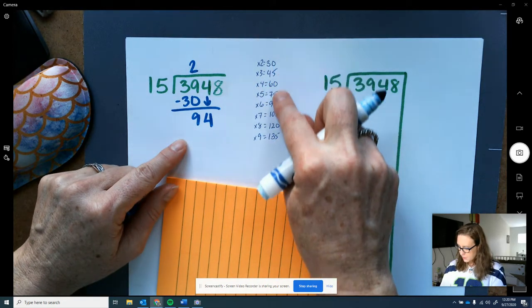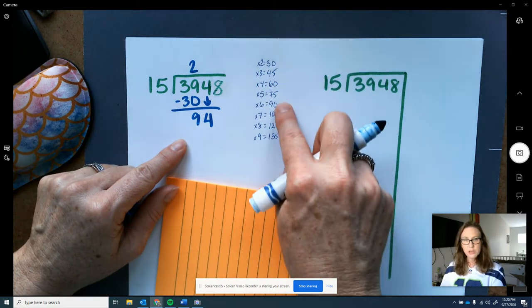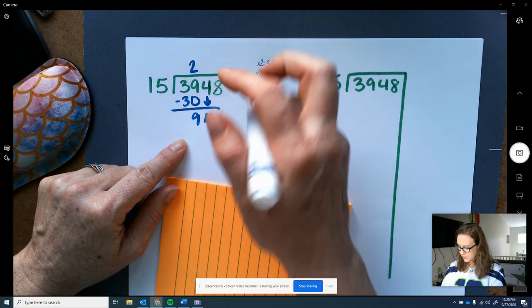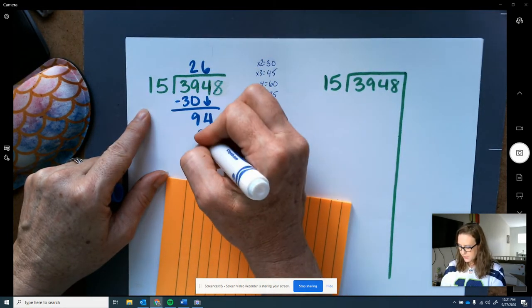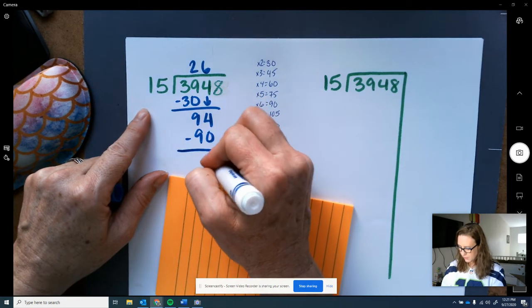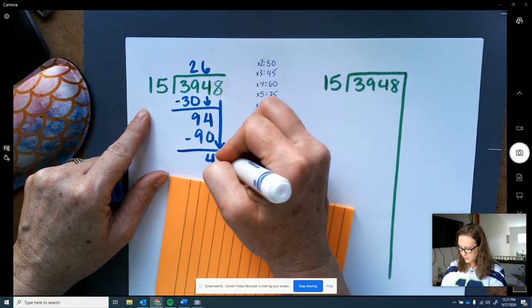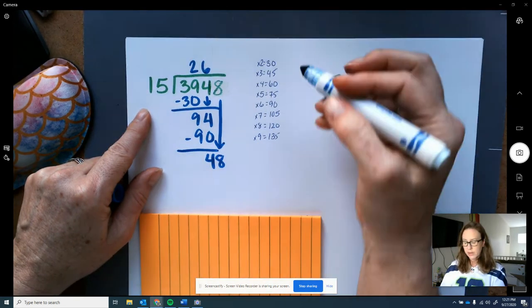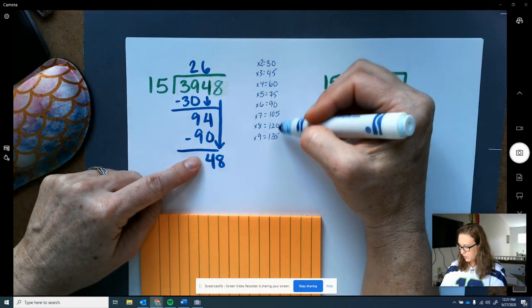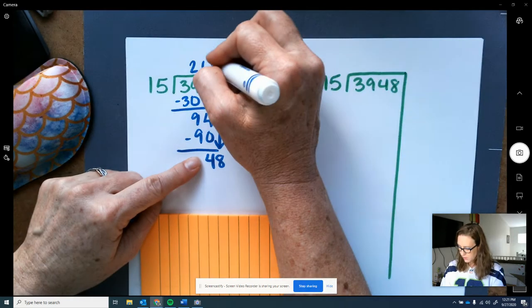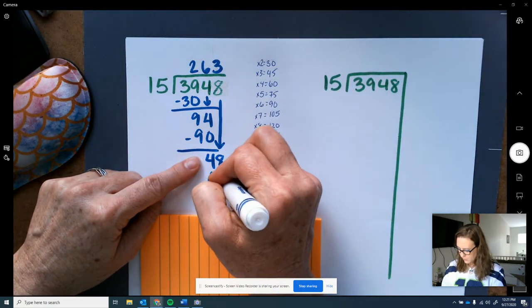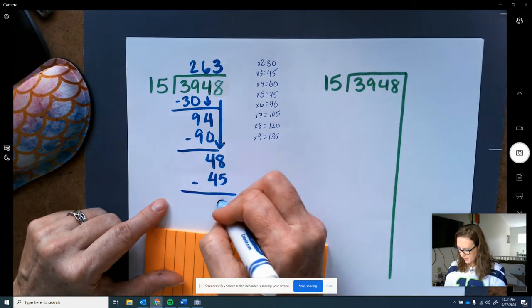Okay, which one of these comes closest to 94 without going over? Well, 90 does, and that's times 6. So I'm going to put the 6 up here, and that was 6 times 15 is 90. I've got 4 left over, and I'm going to bring down my 8. All right, which one of these comes closest to 48 without going over? Well, 15 times 3, which is 45. I'm going to subtract that, and I have 3 left over.